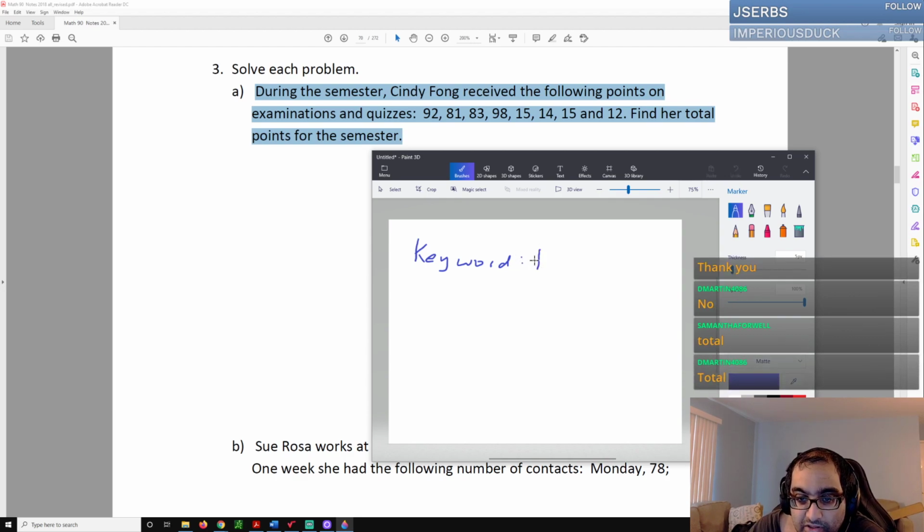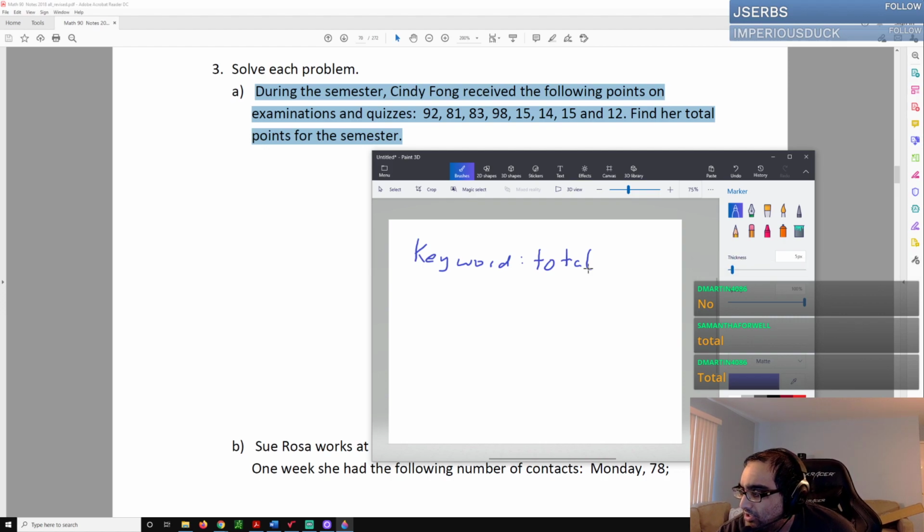Very good. The answer is indeed total. Great. All right. I totally agree with that. Now, let's think of an operator here. What operator, plus, minus, times, divide, whatever, would total represent? Which one here?